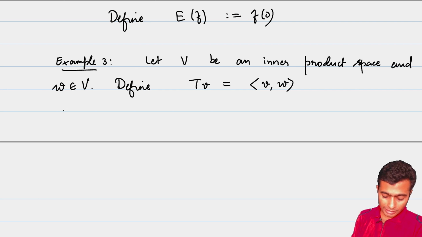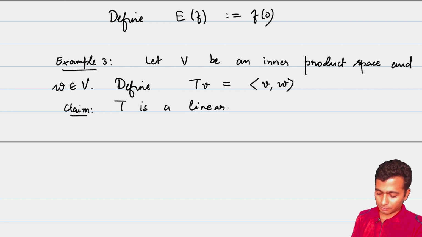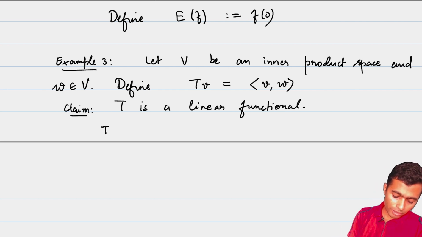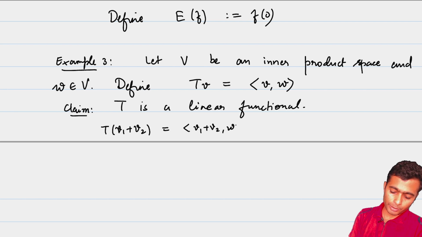So my first claim is that T is a linear functional. So let's see, T of v1 plus v2 is just the inner product of v1 plus v2 with w.